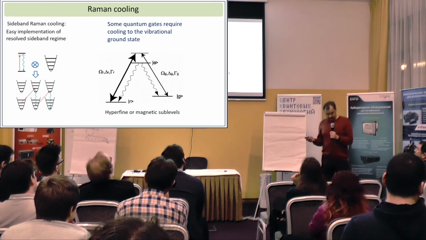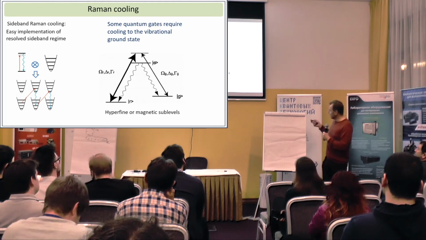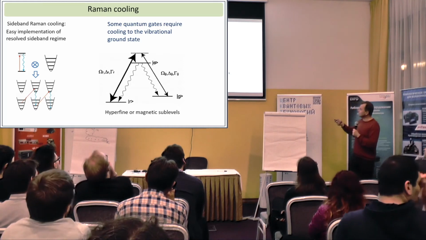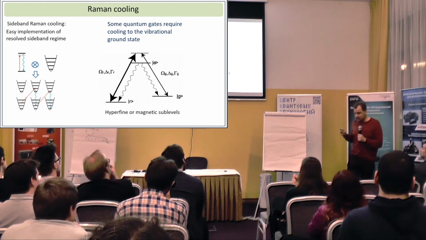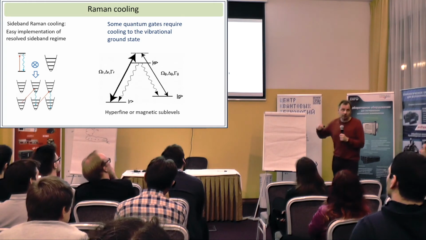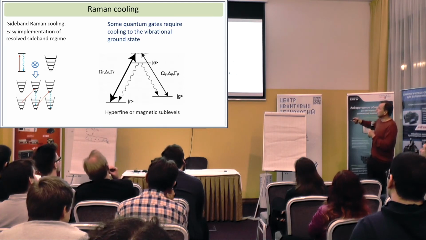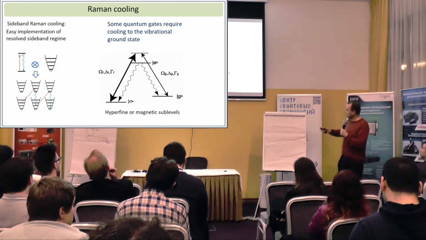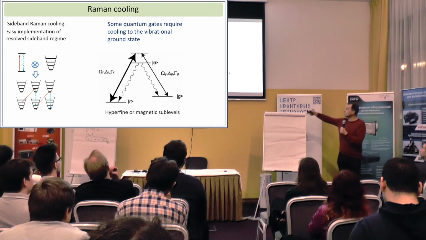What to do? People work with Raman transitions, because ground state levels typically have a very long lifetime. It's a good qubit. Everything is fine. For example, if you take hyperfine structure or Zeeman sublevels, no one prevents you from doing the same tricks which I showed you in the previous slide, using Raman transitions by, for example, frequency modulated laser radiation, which is off resonance with some excited state to prevent strong spontaneous decay.